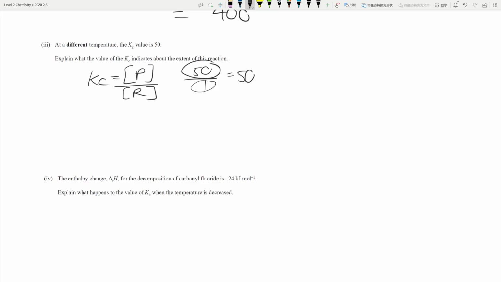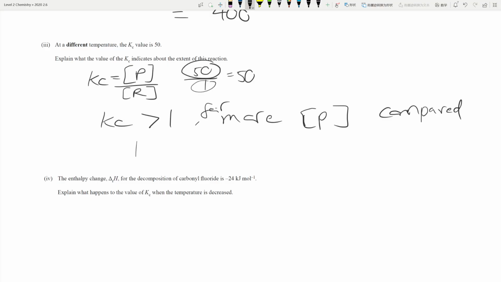Because remember, Kc is a mathematical ratio. It just means that if your Kc is larger than 1, there are far more products compared to reactants, and therefore the forward reaction is being favored in this case. And that's what you need to say.